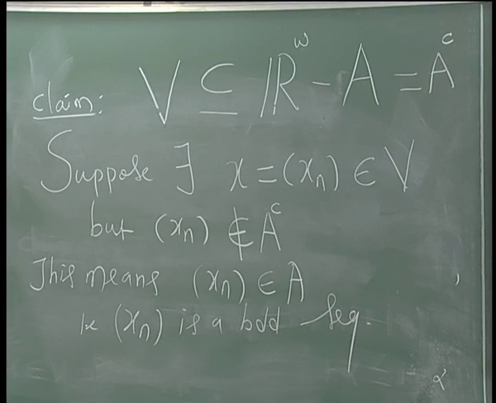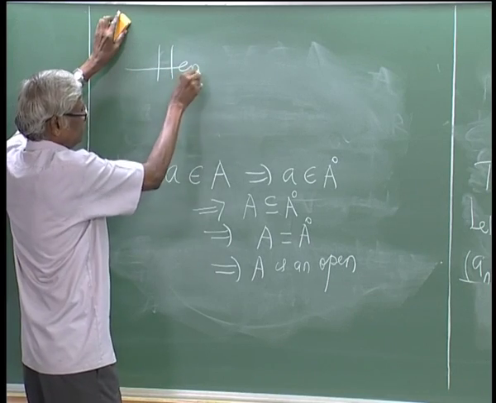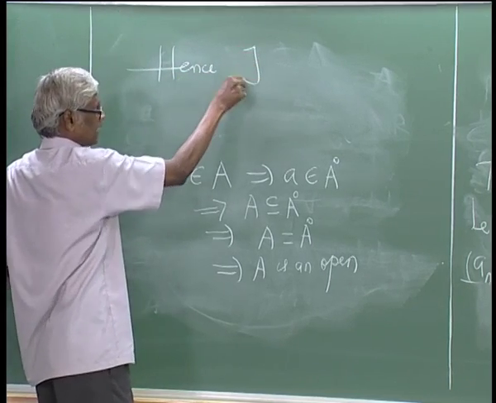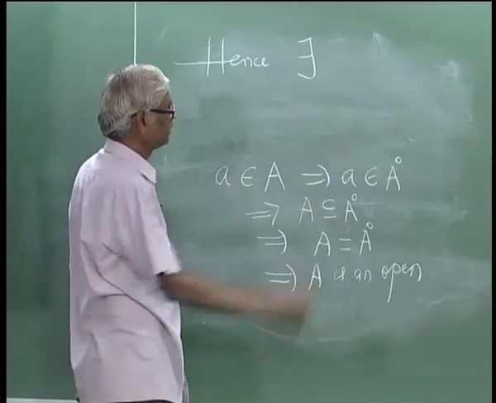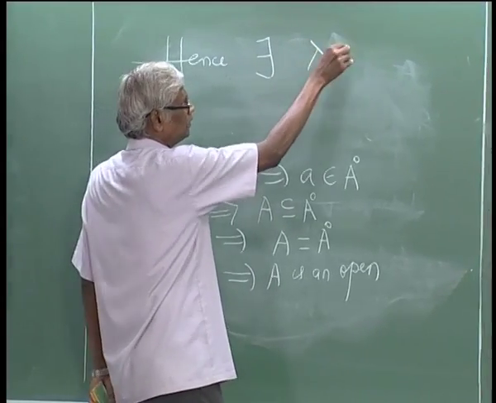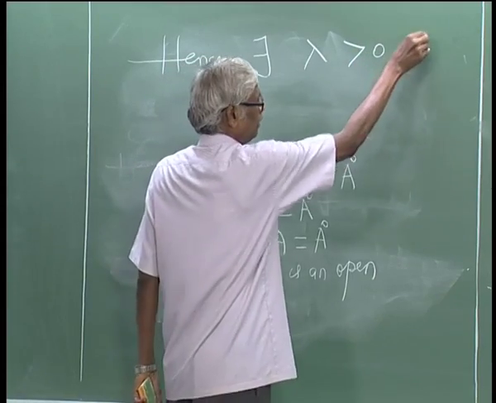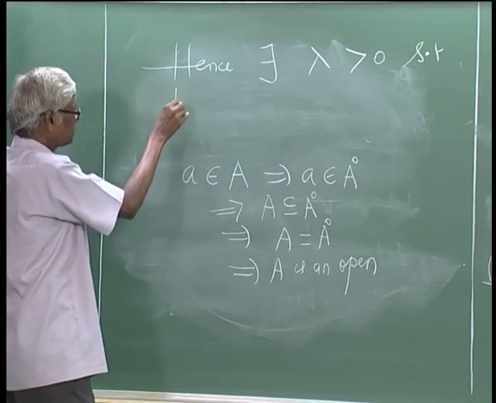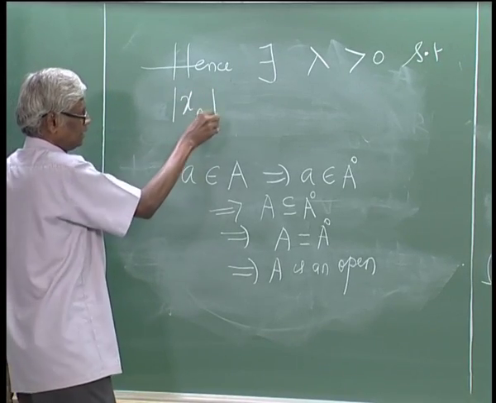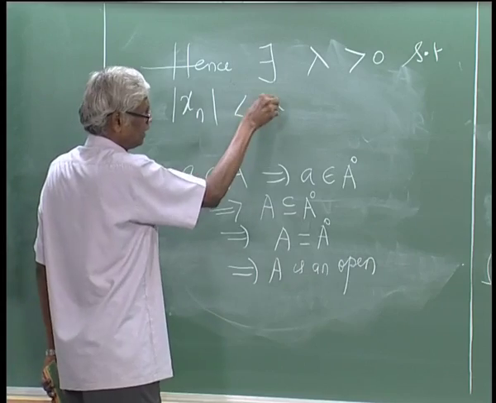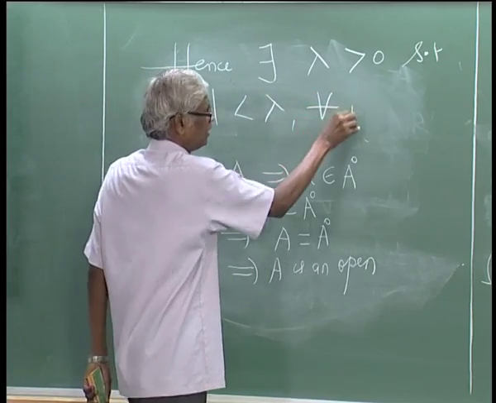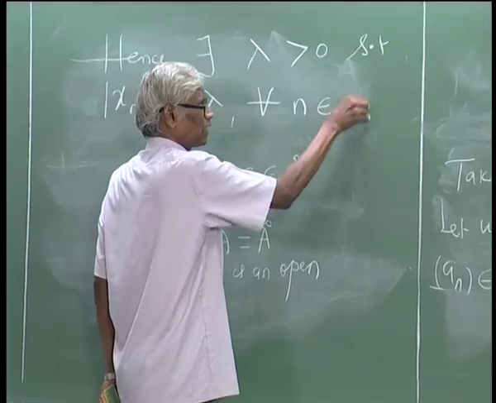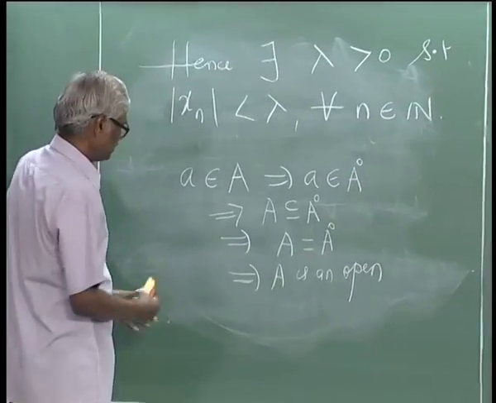Hence, like the previous case, here we will use some other notation, hence there exists a constant, say lambda greater than 0, such that modulus of x_n is less than lambda for all n belonging to capital N. See, that is it.